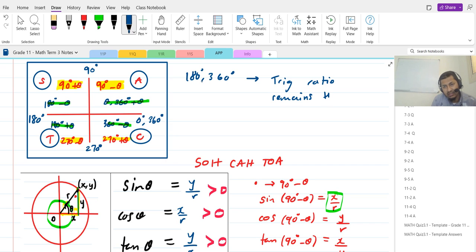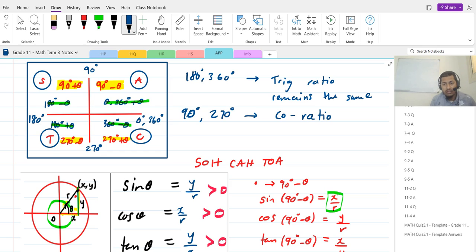Now I usually call that horizontal reduction, and 90 and 270 is on a vertical line. So over here it takes a co-ratio. Using 90 degrees and 270 degrees, the trig ratio becomes its co-ratio.